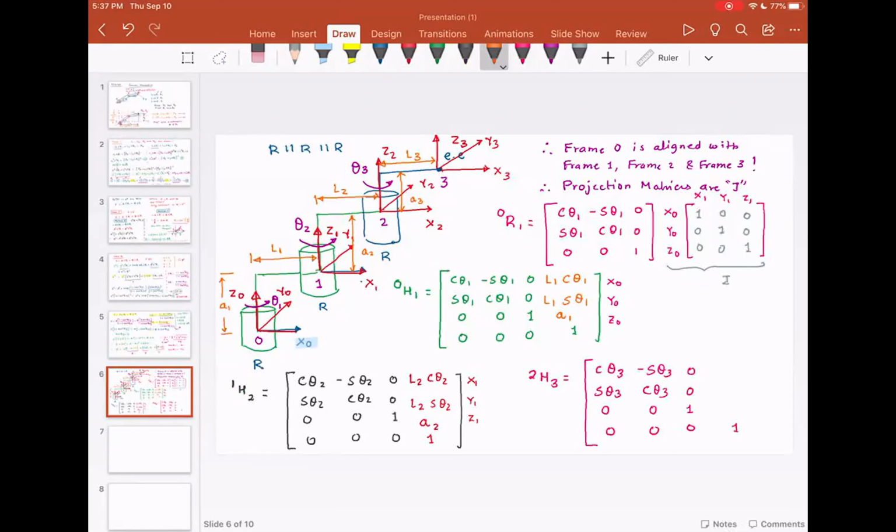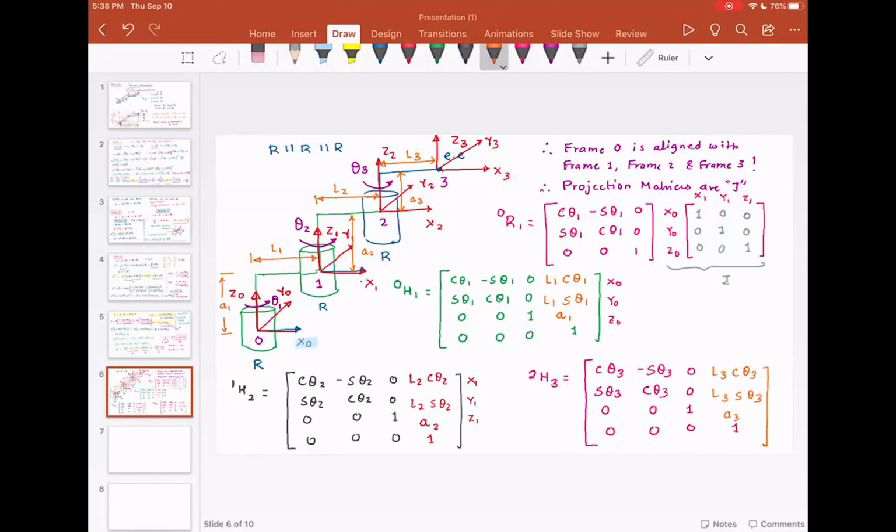And here I'm going to have L3 cosine theta 3, L3 sine theta 3, and A3. And please note, this was possible because these joints were identical to each other.